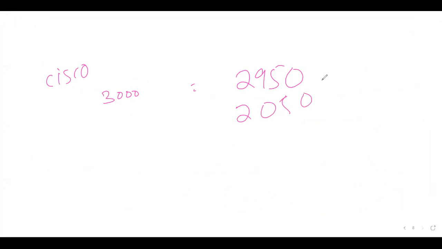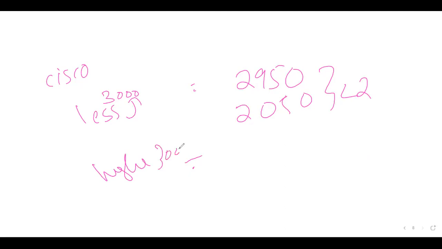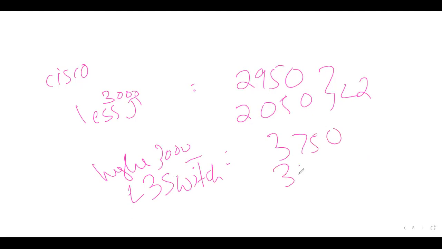These are all called layer 2 switches. And layer 3 is above 3000. Lesser than 3000 is layer 2; higher than 3000 is called a layer 3 switch. Examples: 3750, 3550, or 3560, or 4000 until 12,000 series of switch.